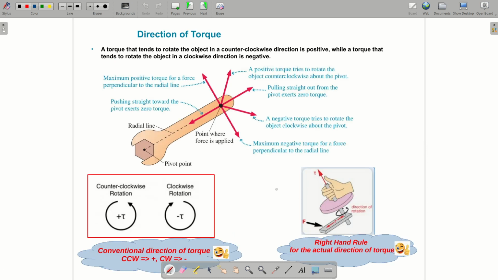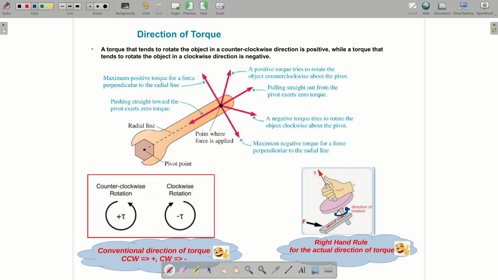As we define the direction of torque, again, we have a right-hand rule to find the real physical direction of torque. And to do that, we will define the direction of rotation, shown in this figure, to be looking from this side to be counterclockwise.